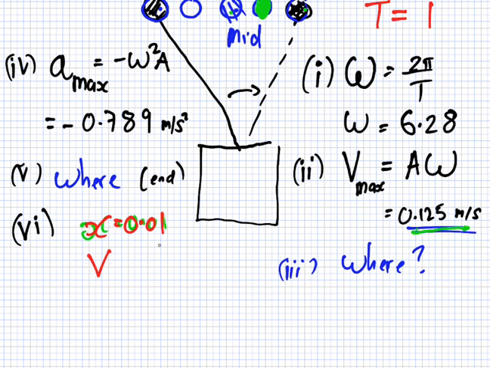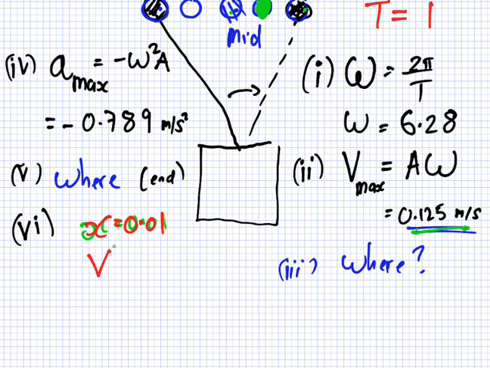Sounds believable. What did you get? 0.109. Sounds like someone has a zero too much. Did you say 0.011 or 0.11? 0.011. Oh, okay. Did you square root it?